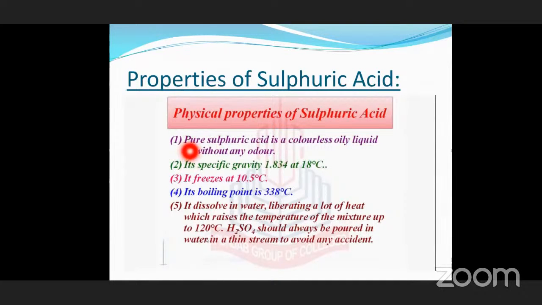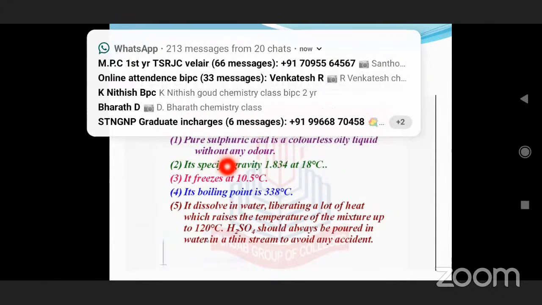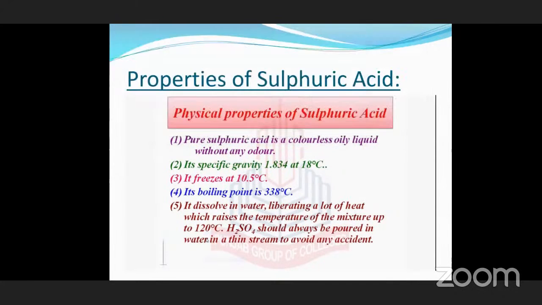The first property: pure sulfuric acid is a colorless, oily liquid without any odor. That means without a smell. Actually, sulfuric acid is a colorless, oily liquid, which we have already observed in our laboratory. Then the second point, the specific gravity is 1.834 at 18 degrees centigrade.